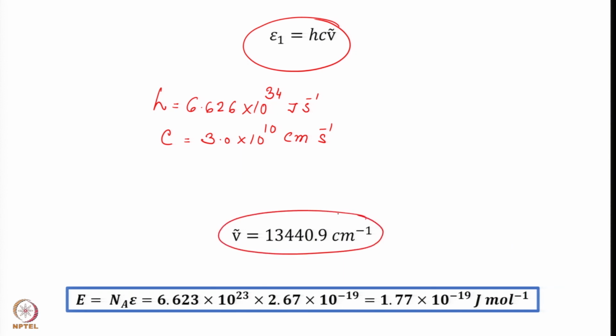So the energy is h c nu bar. h is Planck's constant, c is the speed of light, and nu bar is given to you.